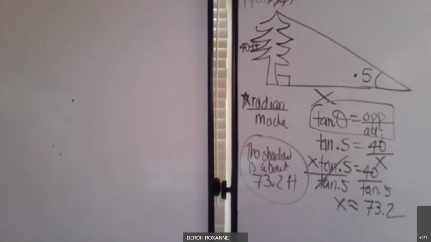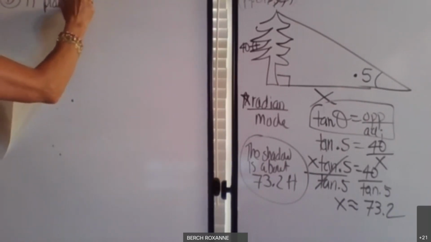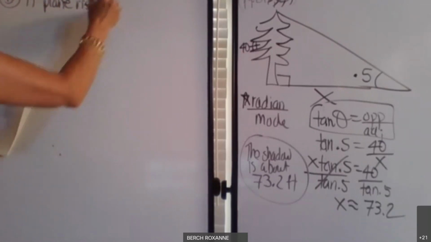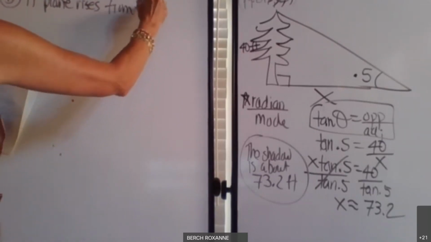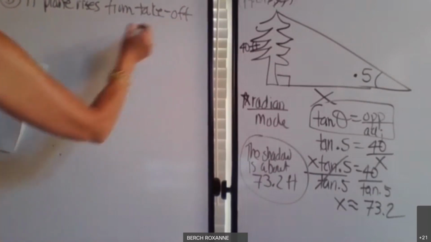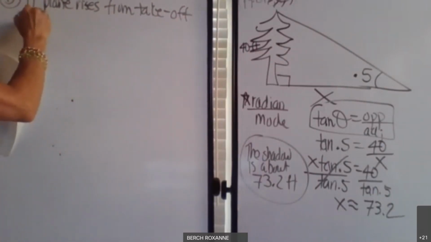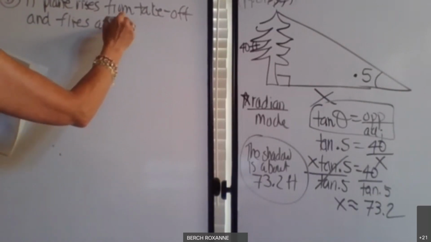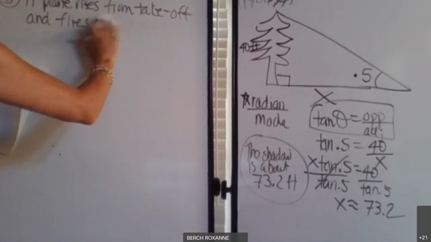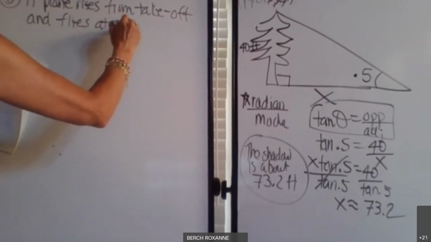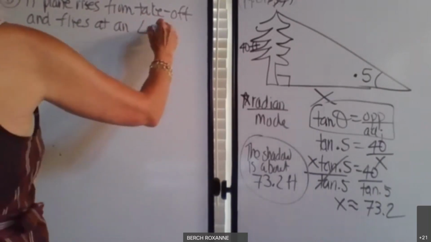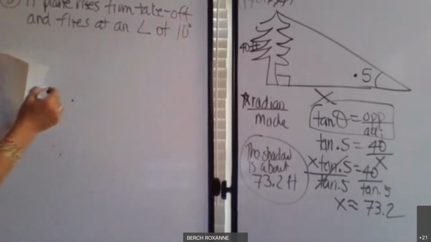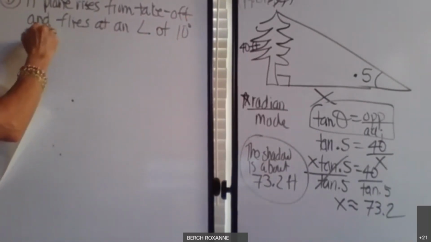Okay, I don't know where this is. I'm just going to write it out. A plane rises from takeoff and flies at an angle of 10 degrees with the horizontal runway.